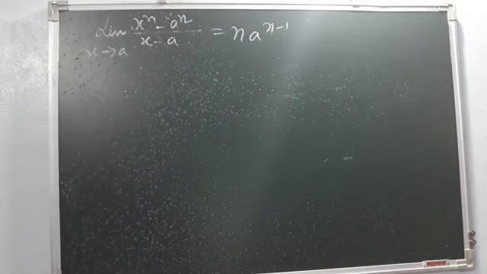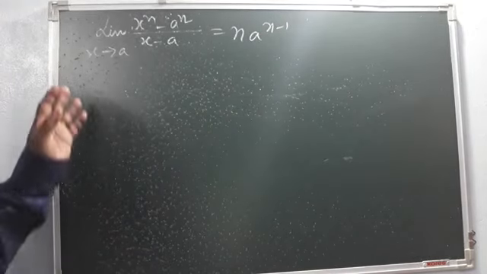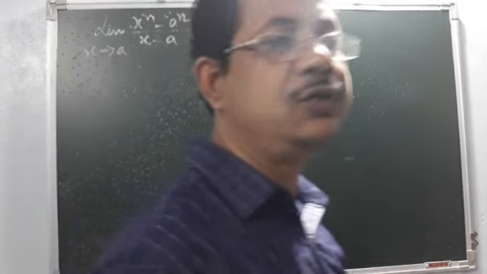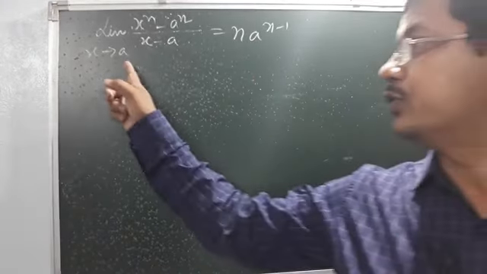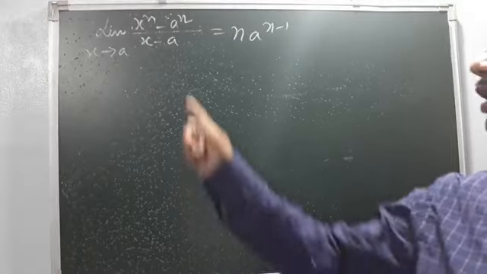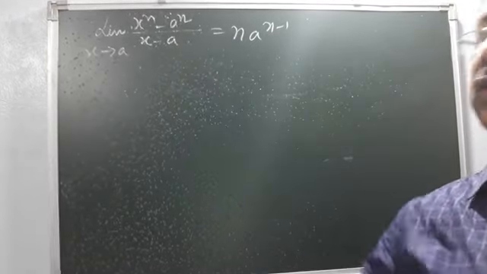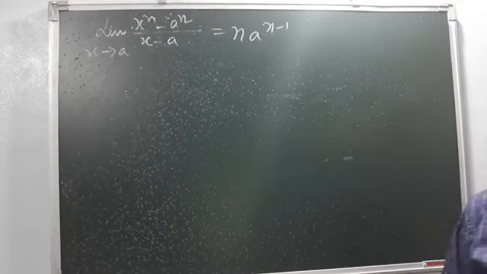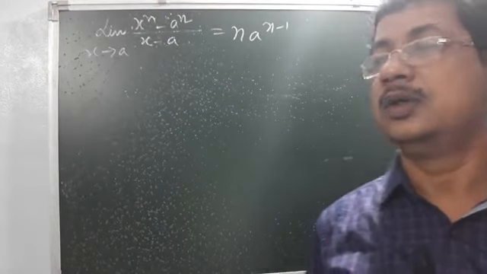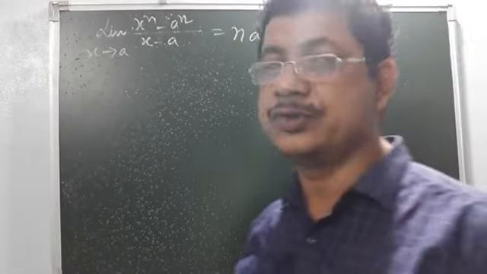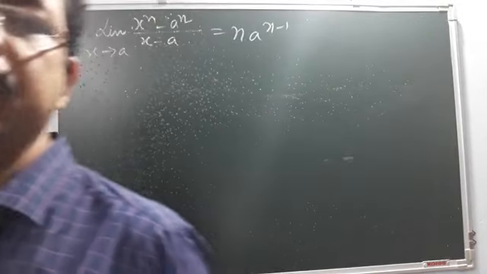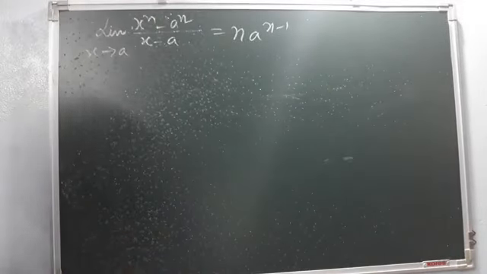So students, x tends to a means what? x approaches towards value a. Then in this term, if we put x equal to a, you will see that both the terms will be 0 and it is a 0 by 0 form, that is an undefined form. But as x approaches towards a, we cannot say both are 0, so automatically we can write something.